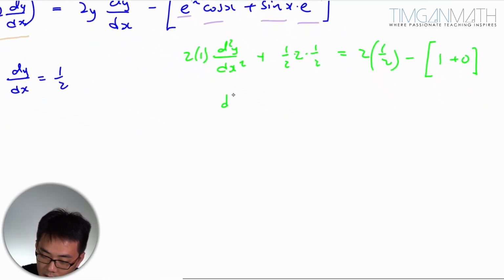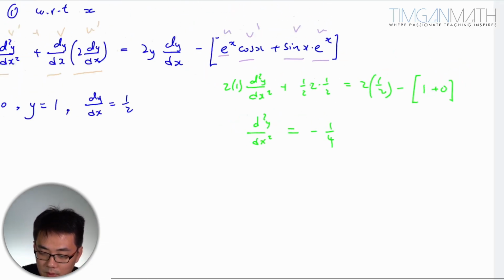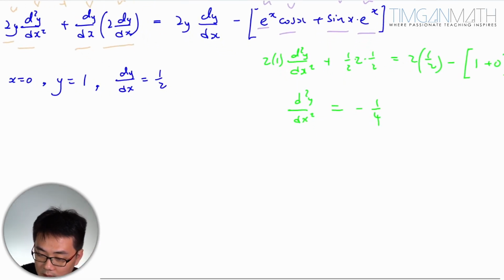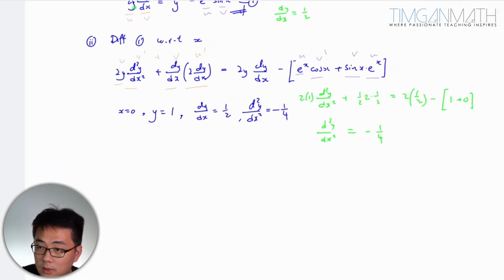Then d squared y/dx squared would just be 0 minus half, negative 1/4. So in this case, d squared y/dx squared is just minus 1/4.